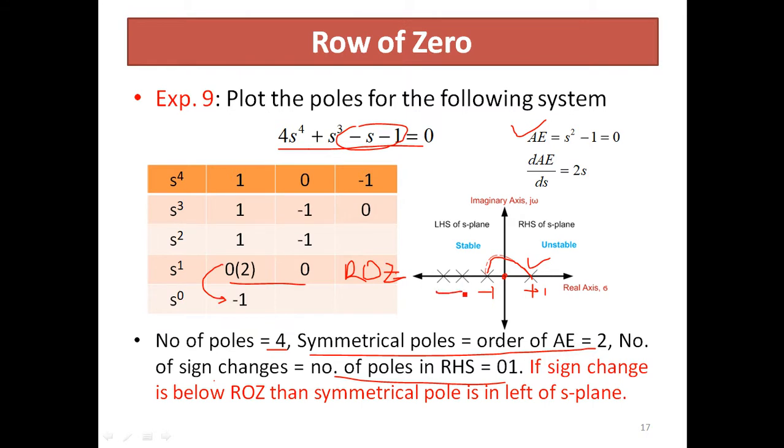Rest of 2 poles would be lying here. If sign change is below ROZ, this is another note you can make. If sign change is below ROZ, then symmetrical poles is in left of S plane. Okay.